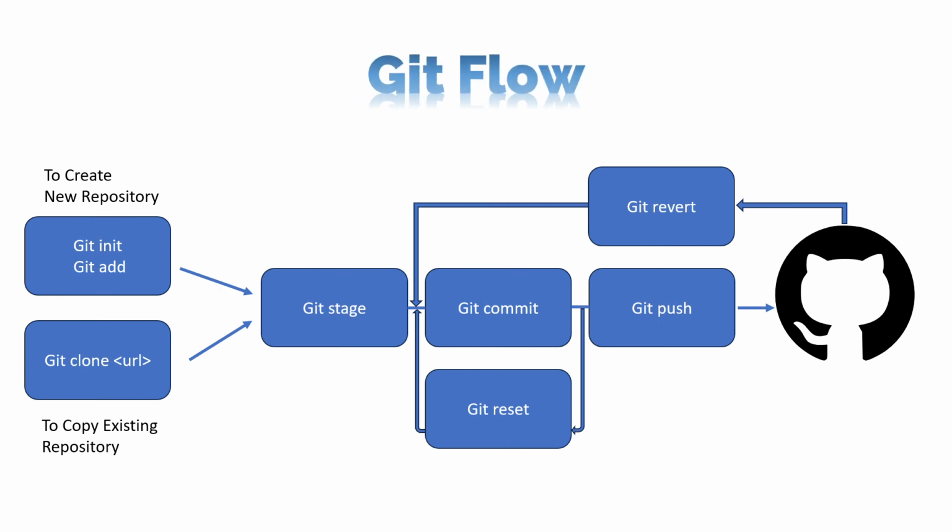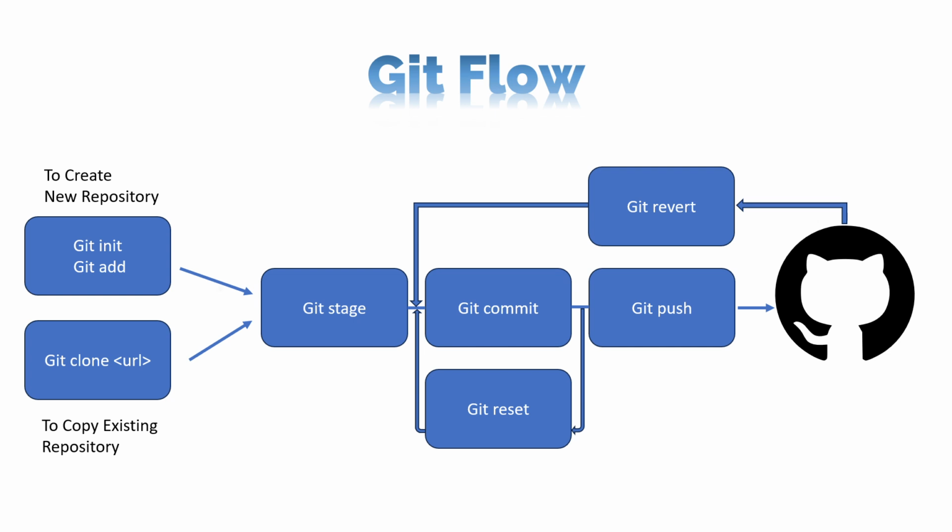First of all, how does Git work? With the help of Git, we can create a new repository or clone an existing repository. After creating or cloning a repository, we can make some changes and add those changes into the staging environment.